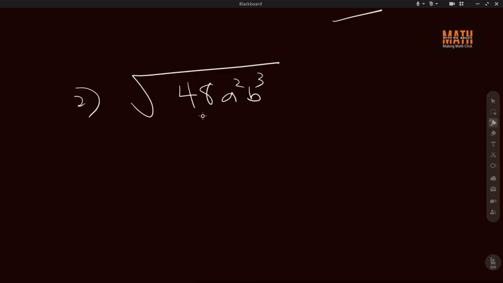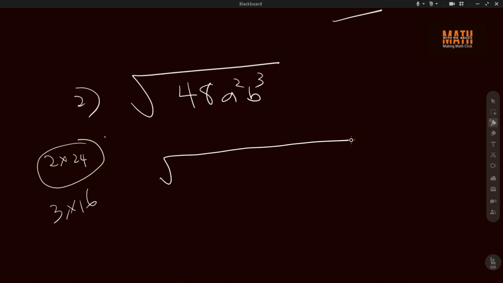For the factors of 48, we have 2 times 24, but none of these is a perfect square, so we cannot use this one. Let's try 3. We have 3 times 16, and since 16 is a perfect square, then that means we can use this.